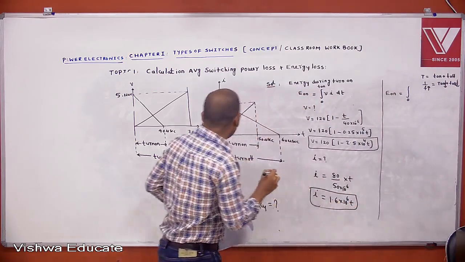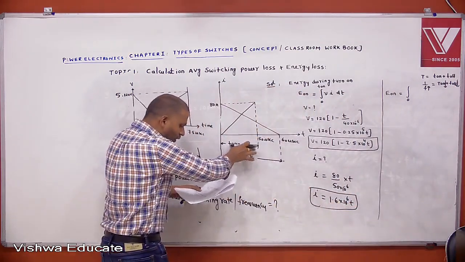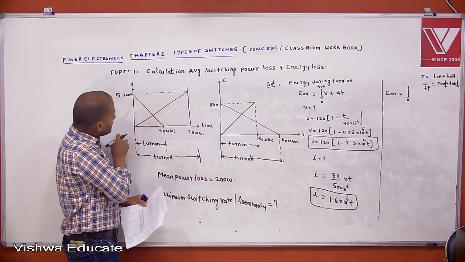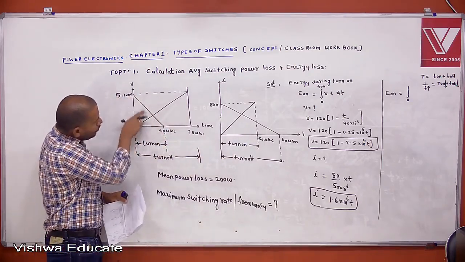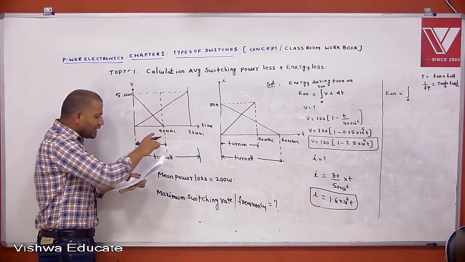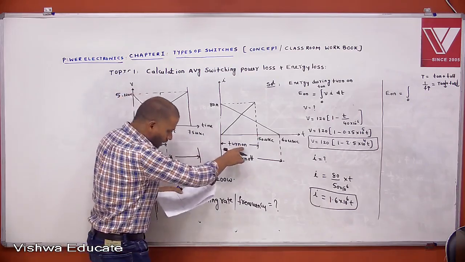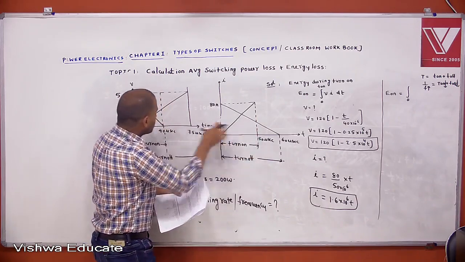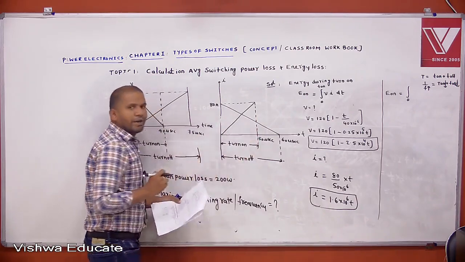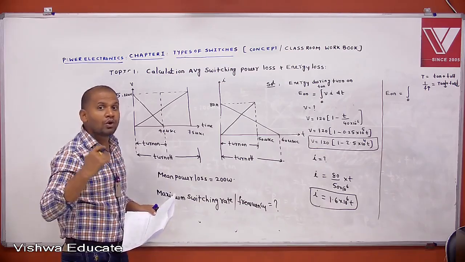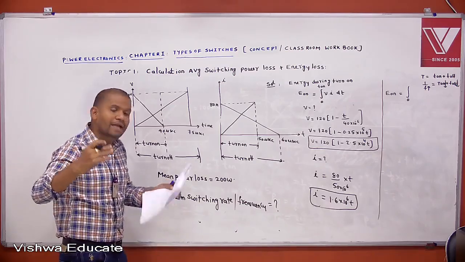That's why during the turn on condition, voltage is falling up to this one. This is given as 40 microseconds. During turn on, this is given as 50 microseconds. Do you take 40 or 50? Yes, you take 40 microseconds, because the problem asks for the maximum switching rate.